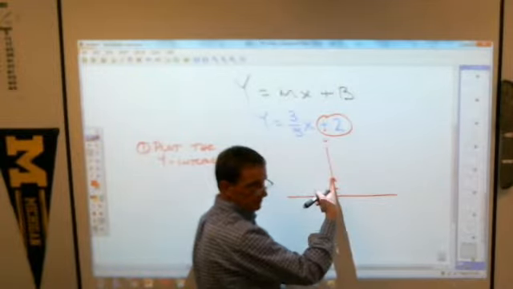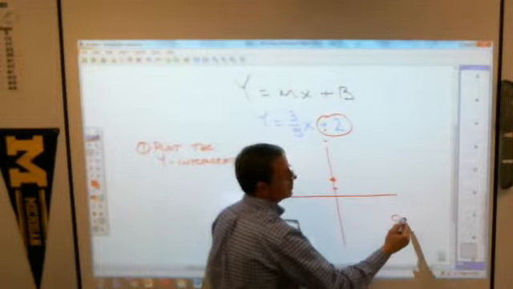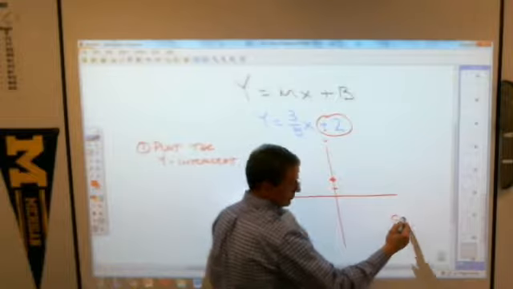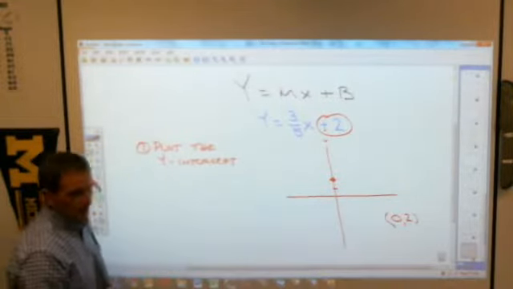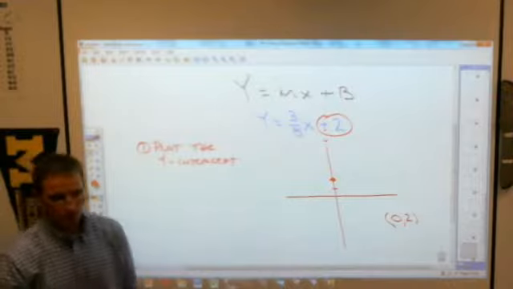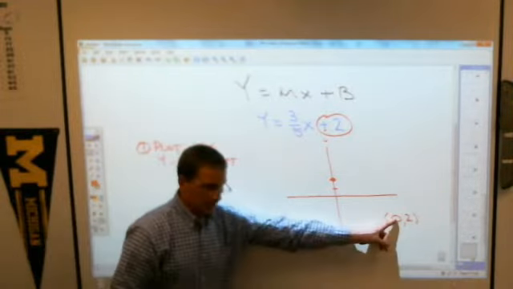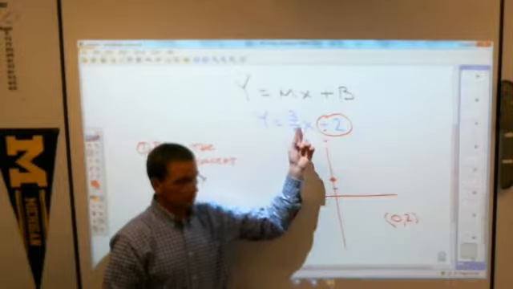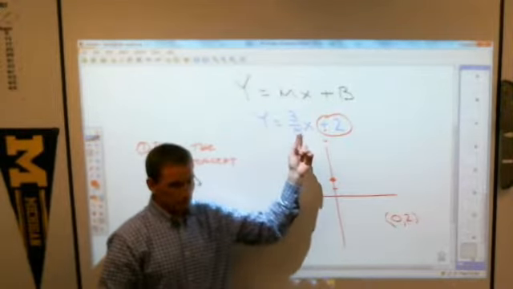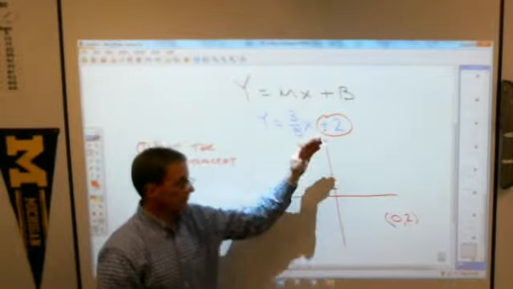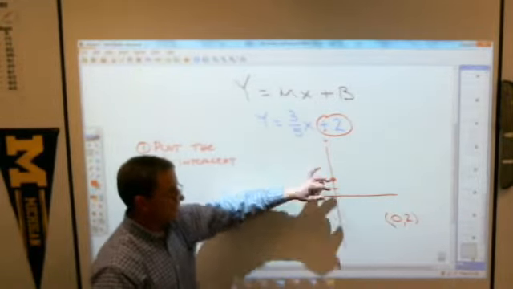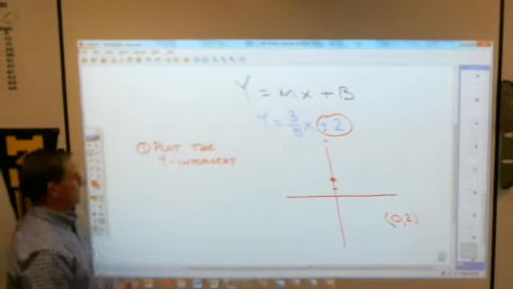Zachary? 0, 2. Correct. What happens if you put 0, which is your x number, in for x here? What is 3/5 times 0? 0. So 0 plus 2 is 2. So really what you're doing is you're just getting rid of this, and you say, oh, y has to be 2. All right, step number 2.